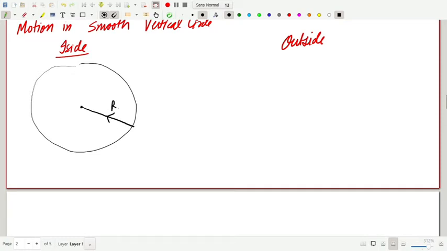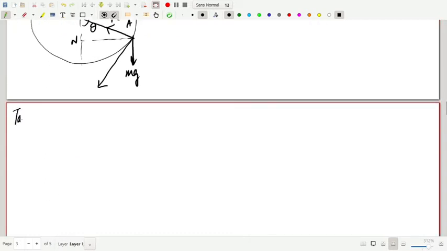This is reaction R, weight mg, this is angle theta, N, O, A. Then equations along the tangent, we have m v dv over ds acceleration is equal to minus mg sin theta.